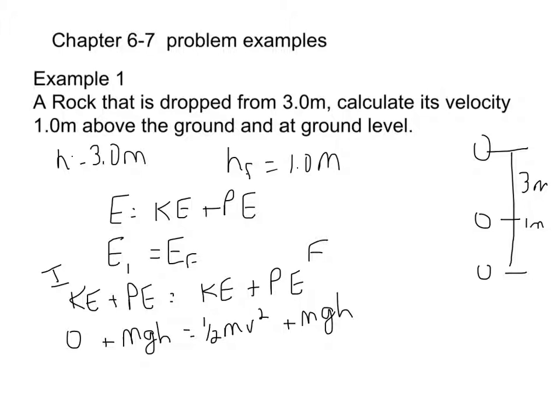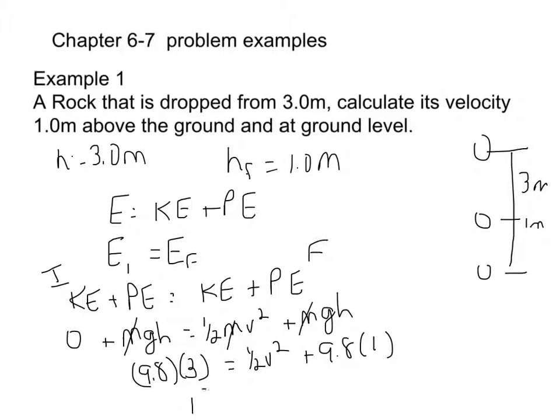Now, we look at this, masses cancel, so I have gravity times height, which is 9.8 times 3 equals 1/2 v squared plus 9.8 times 1. So that's going to be 19.6 equals 1/2 v squared.